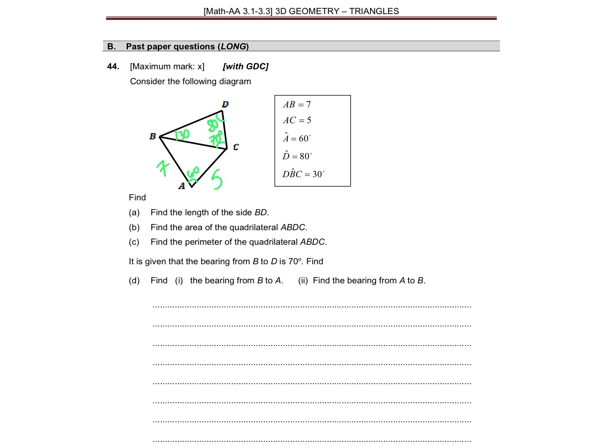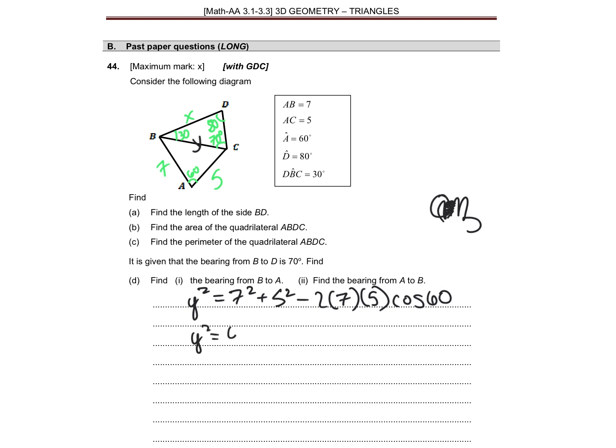Length of BD. So we have to find this thing here. I'll call that y. So cosine rule, y squared equals 7 squared plus 5 squared minus 2 times 7 times 5 cosine 60. 60 degrees here, this one half.